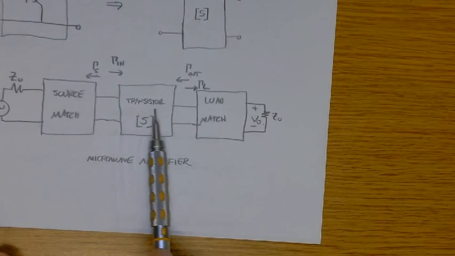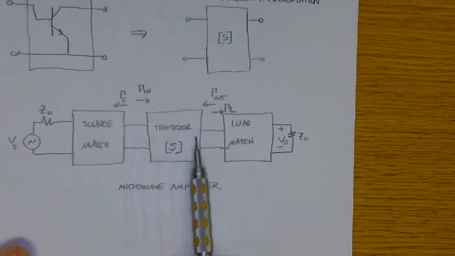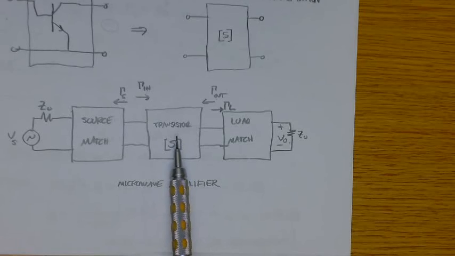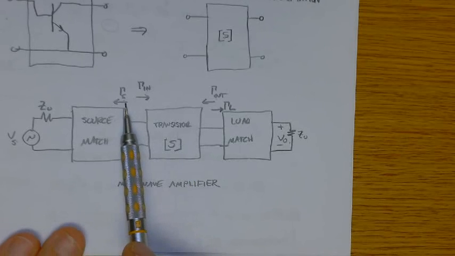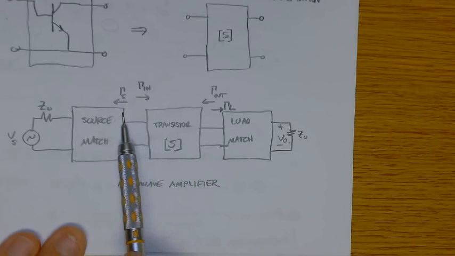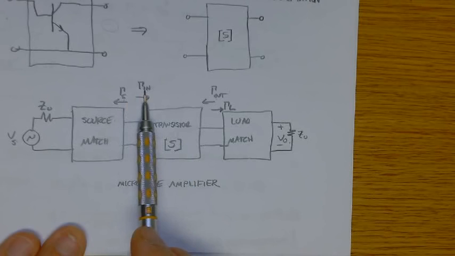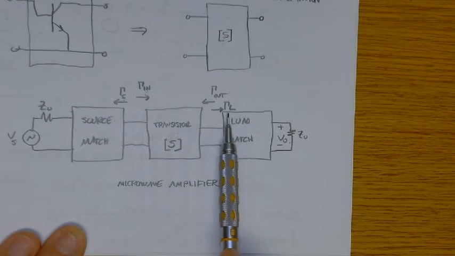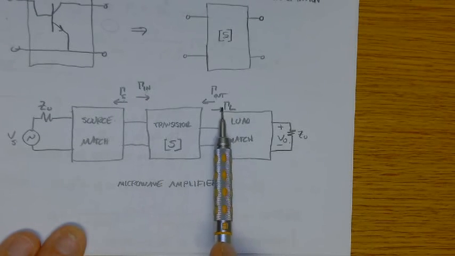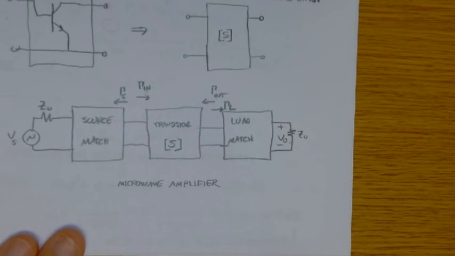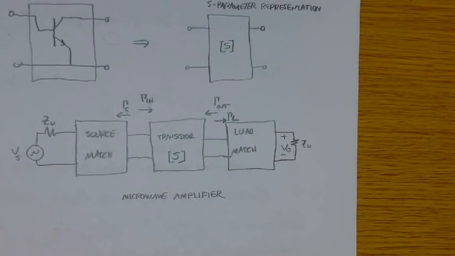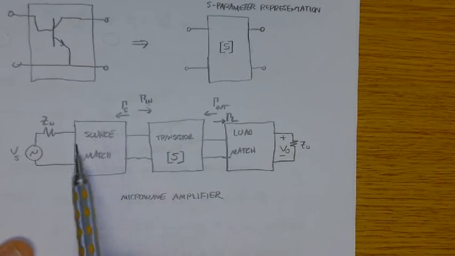This thing is going to operate optimally when the source reflection coefficient is the conjugate of gamma in, and the load reflection coefficient, looking into the load matching network, is the conjugate of gamma out. So in our designs, that's really what we're shooting for. Our objective here is to learn how to design these source and load matching networks.